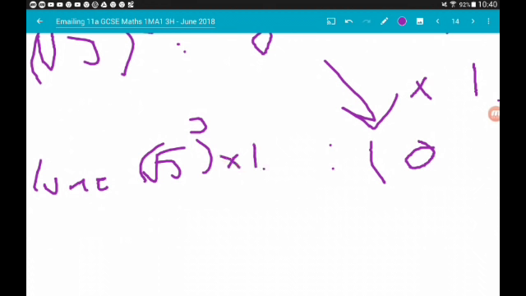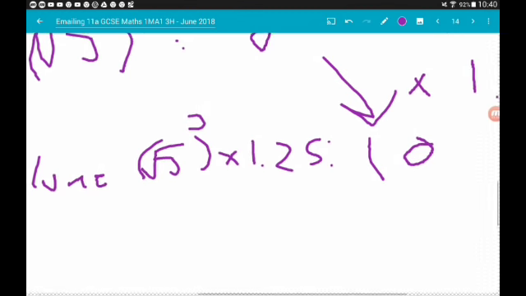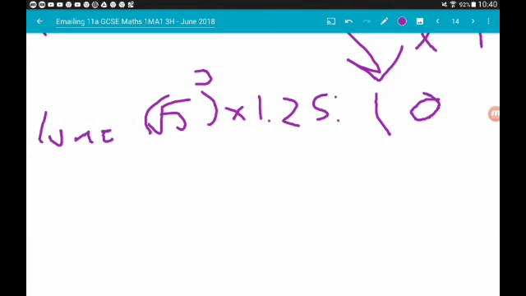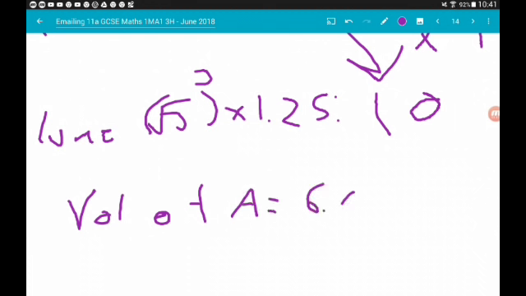So the left hand side of this ratio, the volume of A, is root 3 cubed times the scale factor 1.25. Now if we put that into our calculators, we get 6.49951 blah blah blah. They want it to 3 sig figs though.